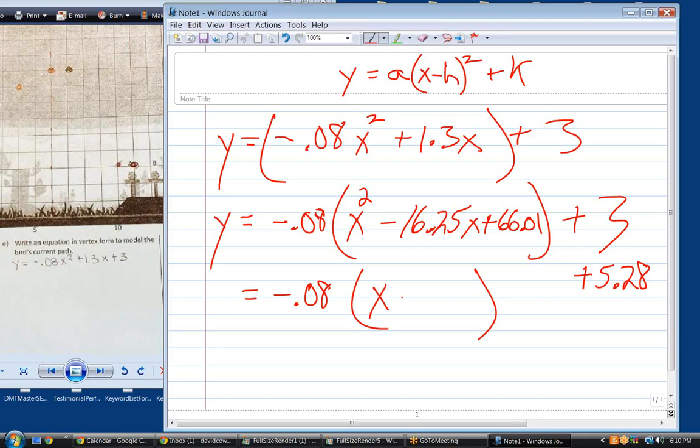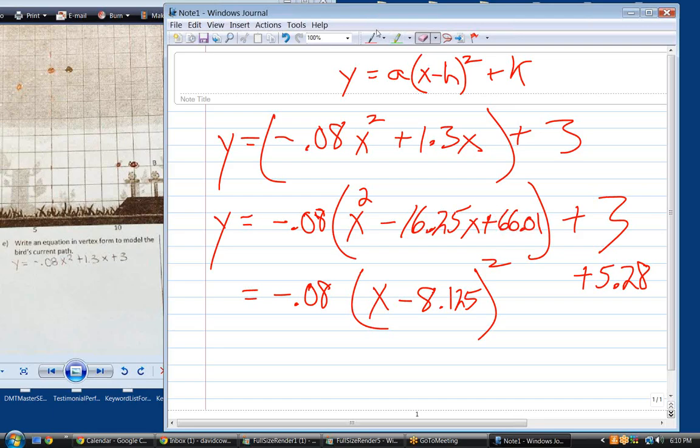In other words, I can now write (x minus 8.125) quantity squared instead of writing it like that. And it's guaranteed that you can do this. That's the reason we take half of that number and square it and write it in there.